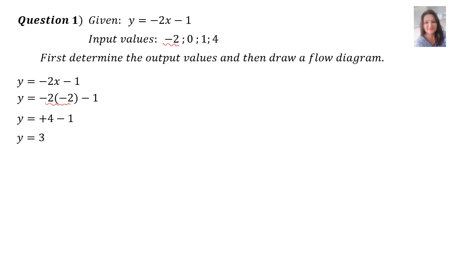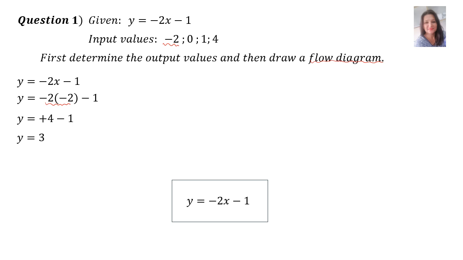Now, remember there's two parts to this question. The second part says, and then draw a flow diagram. So let's start with the flow diagram. You make the block. Inside you put the expression, or rather in this case the equation, y is equal to -2x - 1.